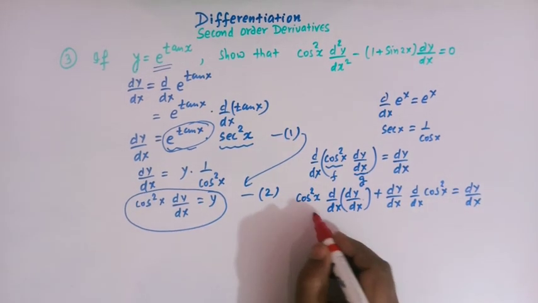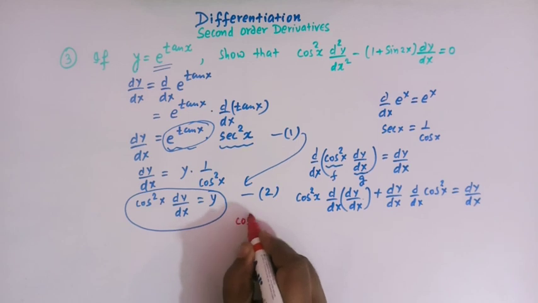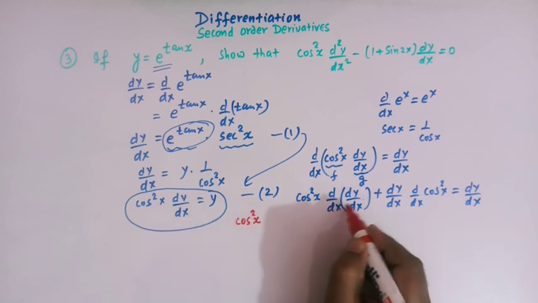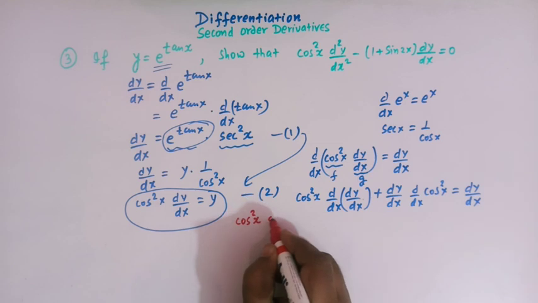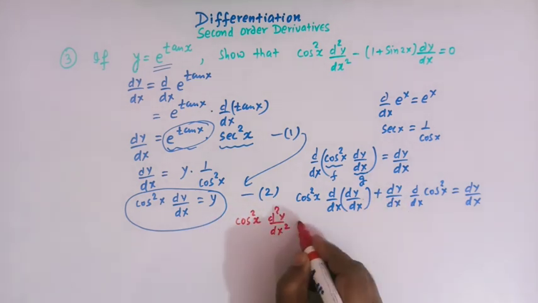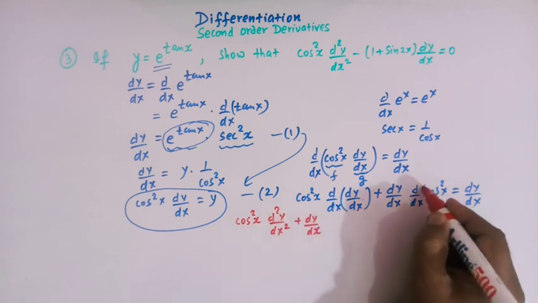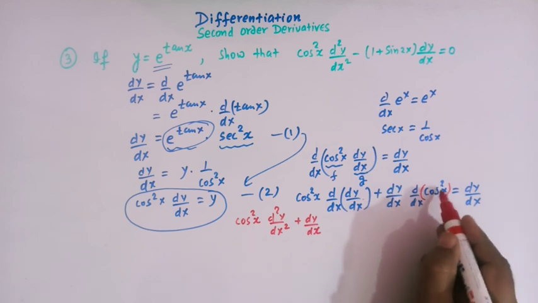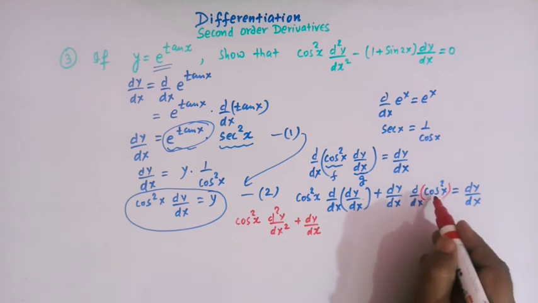So now we can write cos²x, and d/dx of dy/dx is simply the second derivative, and here we have dy/dx. And we have to find the derivative of cos²x, and here again we have to make use of the chain rule, right?